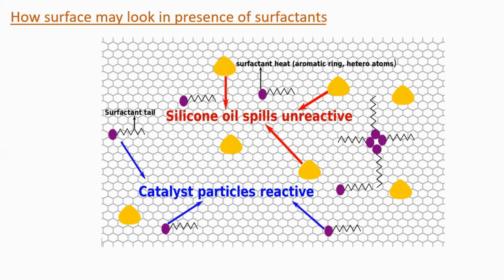Some surfactants can be prepared using pyrimidine, or some other kind of carbon system with heteroatoms. Usually it will be oxygen, nitrogen, and sulfur, most commonly used in surfactants.